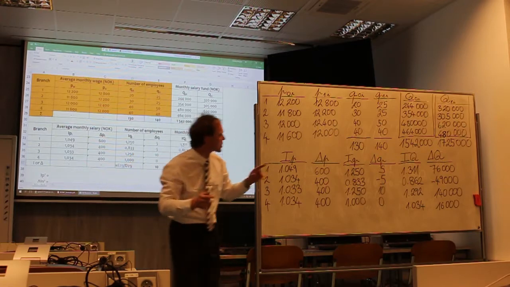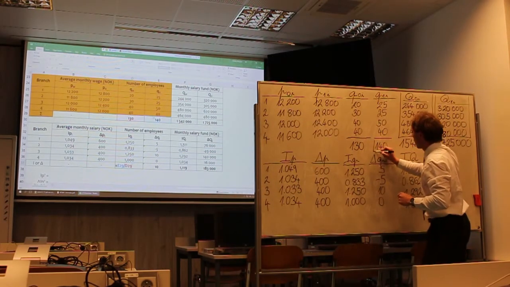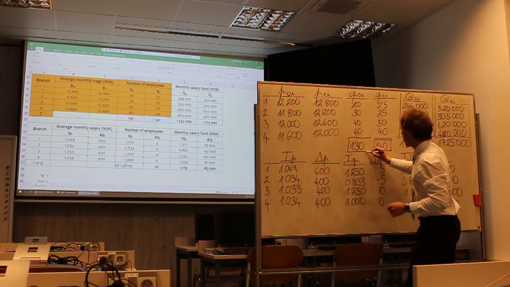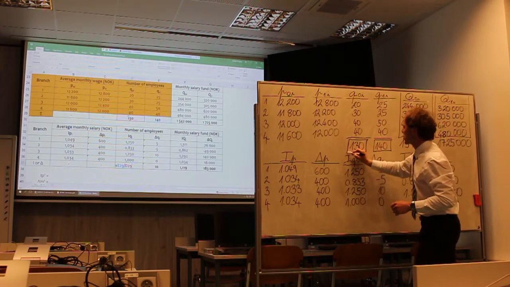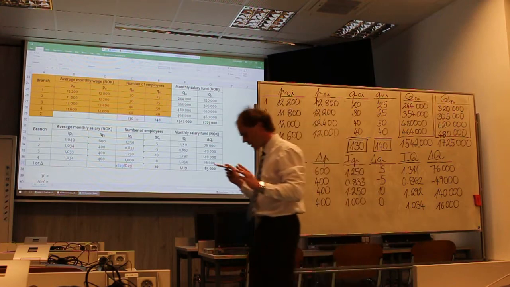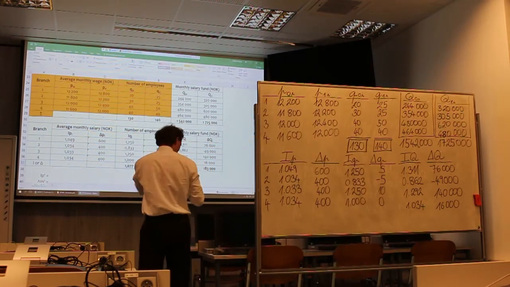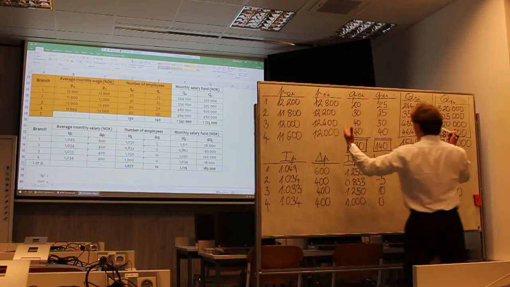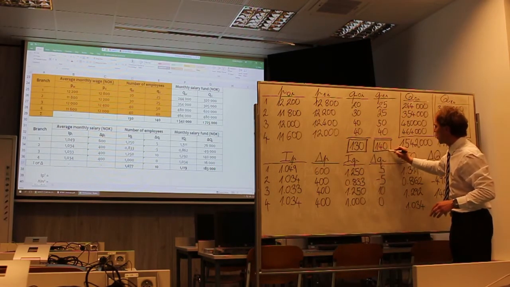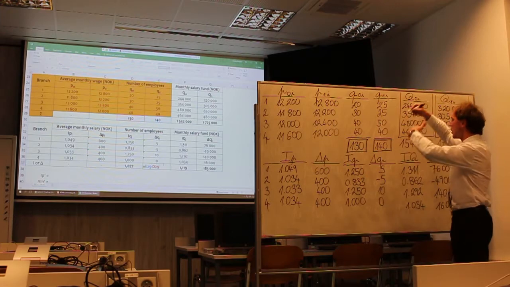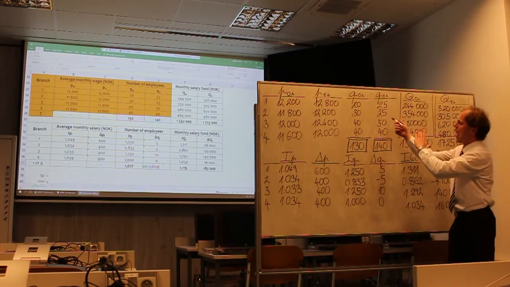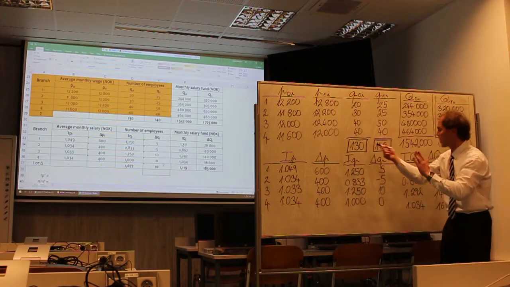Yes, in year 2011, 140 employees divided by 130 employees. In the case of delta of this quantity, yes, the absolute difference of this total quantity, there is a difference, 140 minus 130.